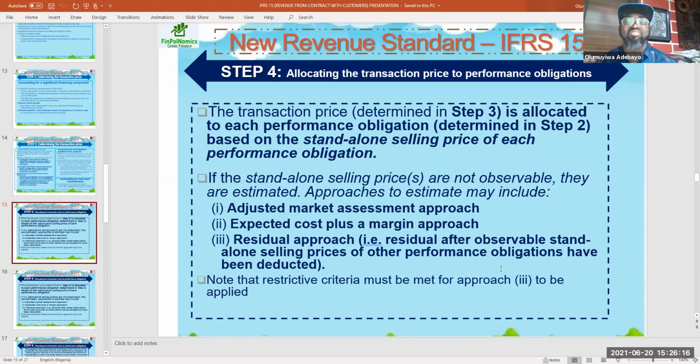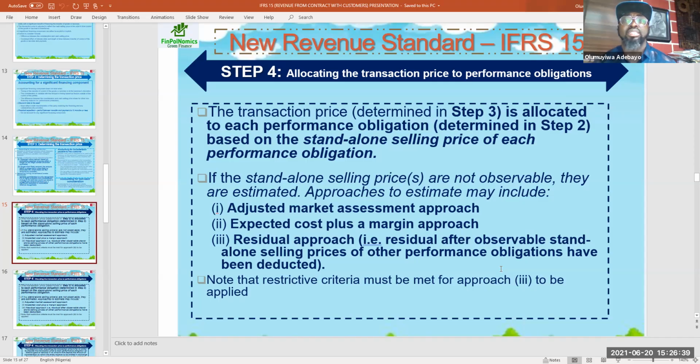And what is the average margin I expect to earn on each of them. Phone, probably if I buy the phone, I bought it for $80, but I want to earn 25% margin on it. Probably that will make it 100.